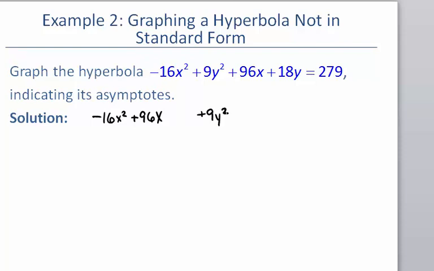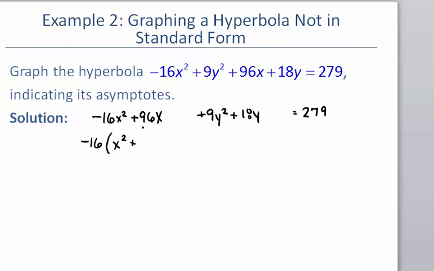So 9y squared plus 18y, and I'm going to leave the 279 on the other side. Remember that in order to complete the square, you must have a 1 as your coefficient in front of your squared terms. And so because we have this negative 16 instead, we want to start by factoring that negative 16 to the front. So when I take a negative 16 out of a negative 16x squared, I'm going to be left with just x squared.